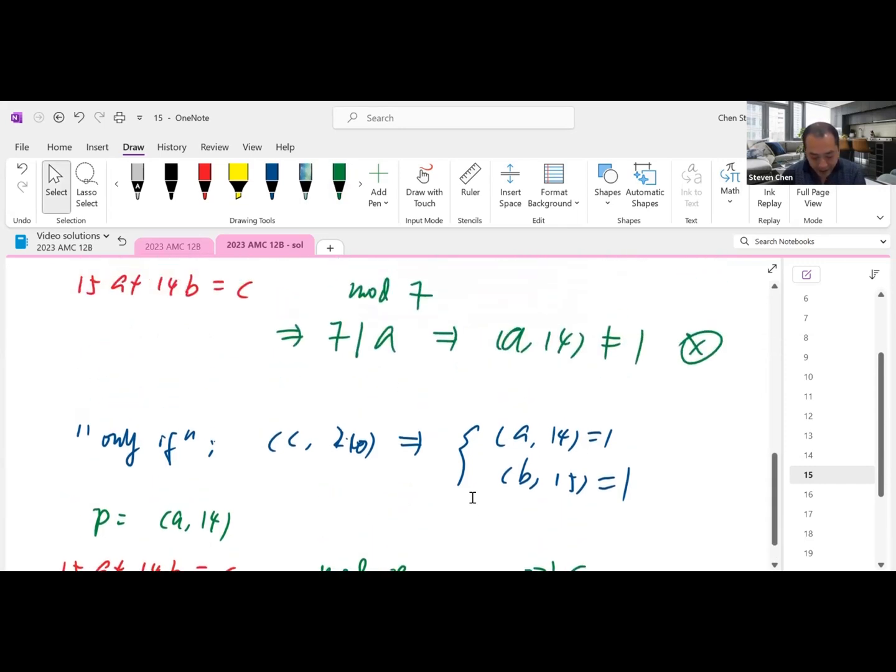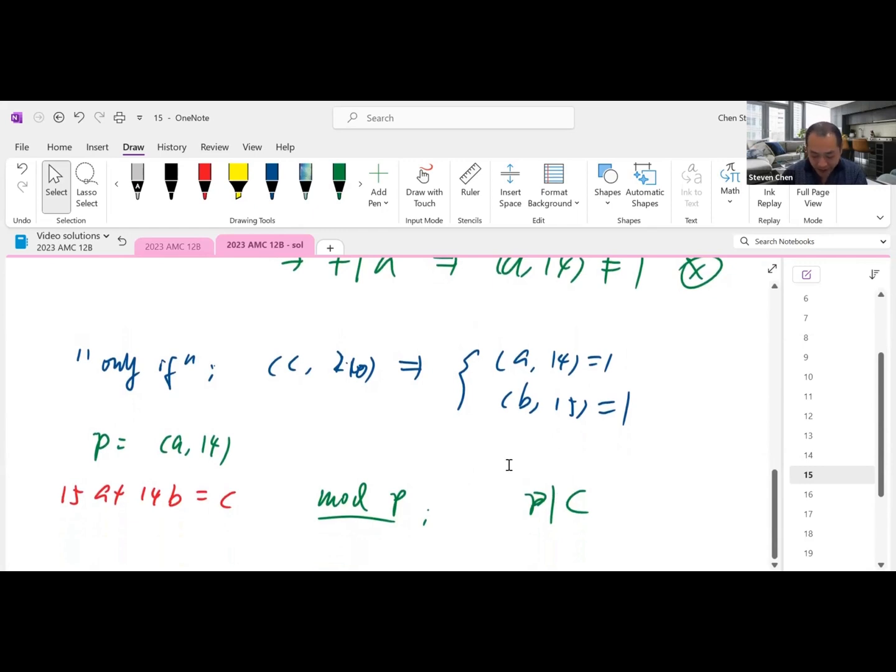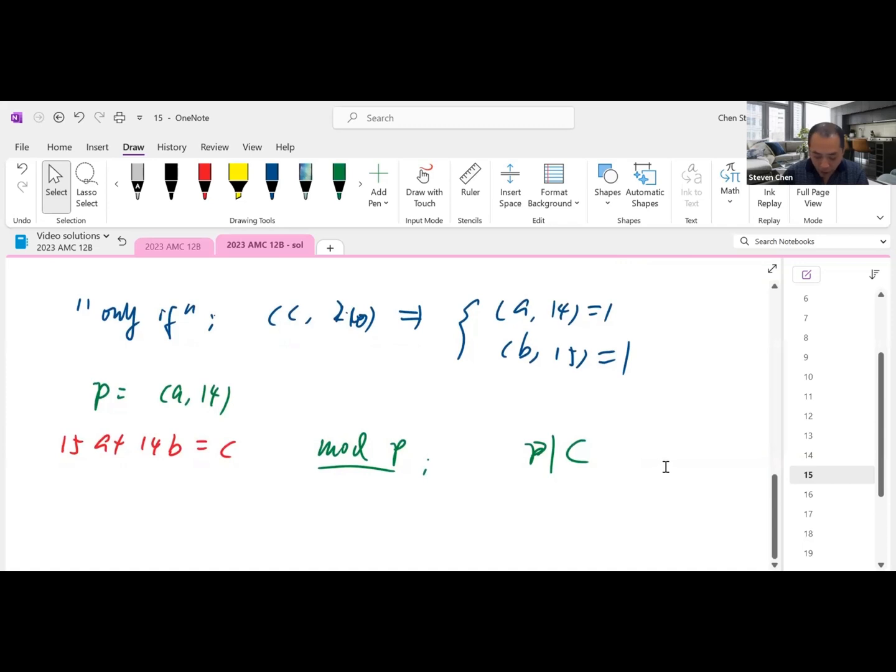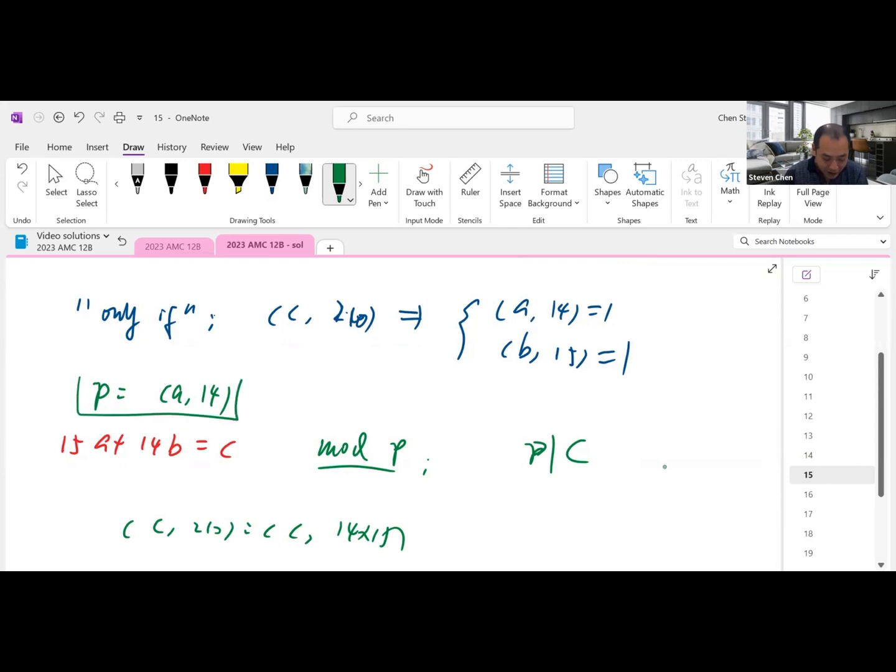But in this case, can C and 210 be relatively prime? No way. Because recall 210 is equal to 14 times 15. So here we at least know that P is a factor of C. But also we know that P is the GCD of A and 14. So it means the GCD of C and 14 times 15 must be at least P. Right?